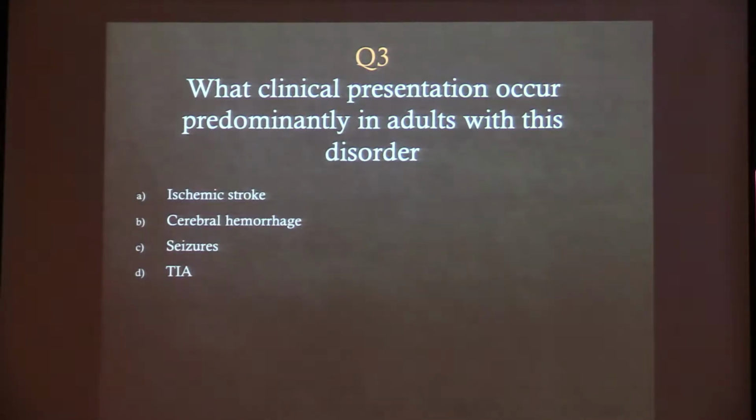And the last option is transient ischemic attack. The answer is cerebral hemorrhage. Adults usually present with cerebral hemorrhages.